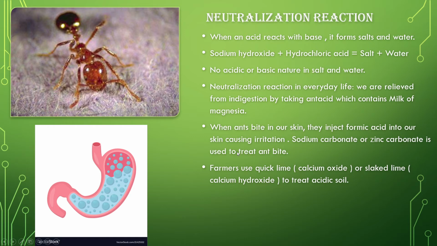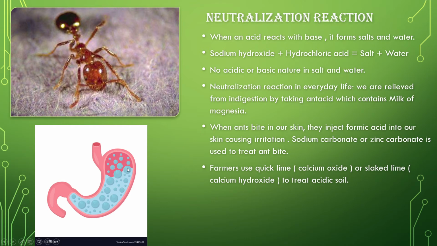And what are the different neutralization reactions? In everyday life, sometimes you feel some stomach pain due to indigestion, and your mom gives some antacid which contains milk of magnesia.